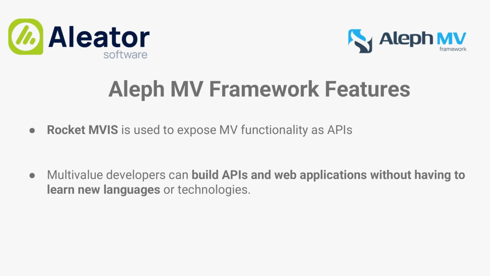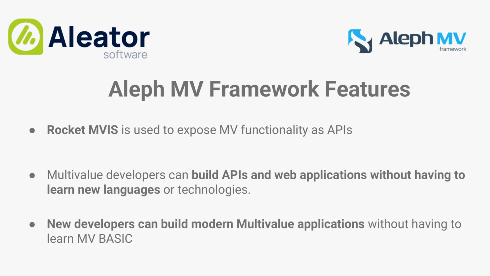Aleph allows multi-value developers to build and control APIs and web applications without having to learn new languages or technologies, and new developers to build modern multi-value applications without having to learn MV Basic.